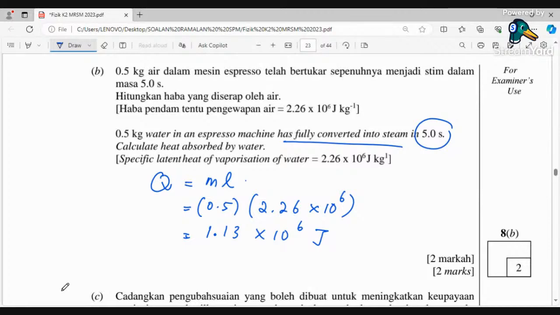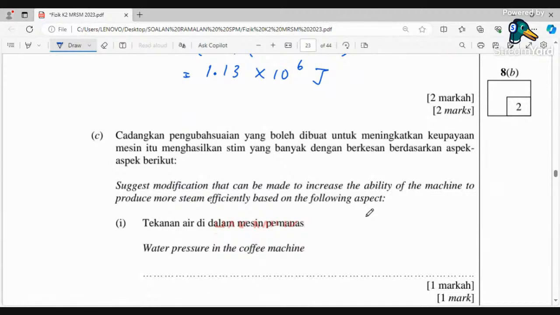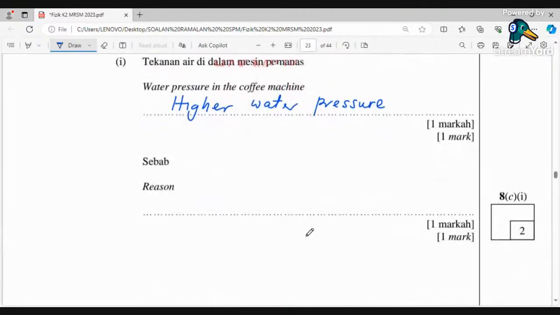Okay, part C. Suggest a modification that can be made to increase the ability of the machine to produce more steam efficiently based on the following aspect. Water pressure in the coffee machine. Okay, maksudnya kena guna higher water pressure. Apa reason dia?